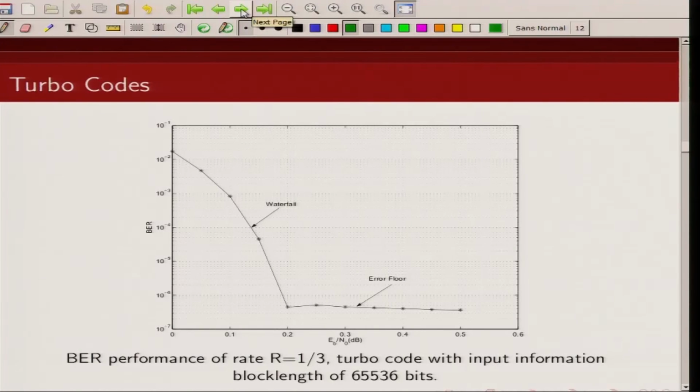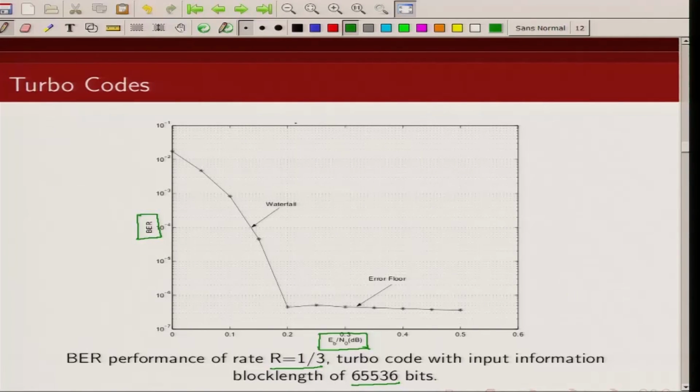Now, in this graph, I have plotted bit error rate performance versus signal to noise ratio for a rate 1/3 turbo code and for block size more than 65,000. Now, note the typical performance.